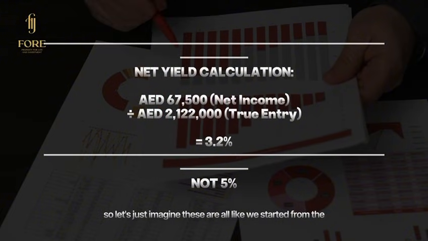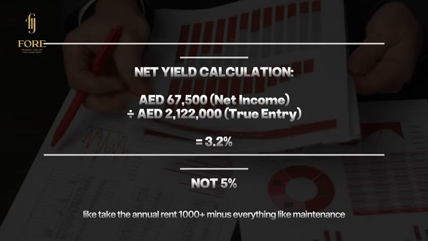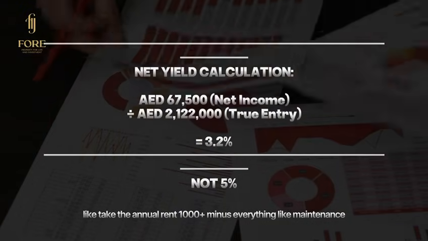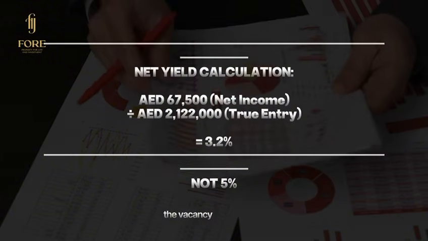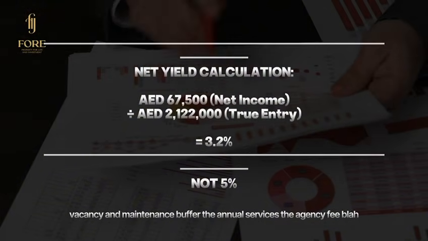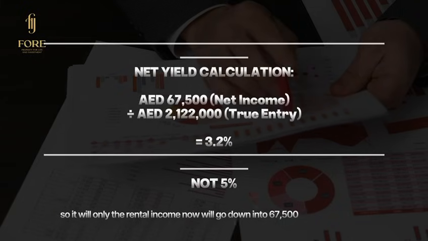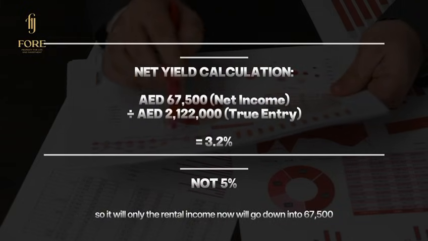So let's just imagine, we started from the reality: take the annual rent, plus minus everything, the vacancy and maintenance buffer, the annual service charges, the agency fee. So the rental income now will go down to 67,500.